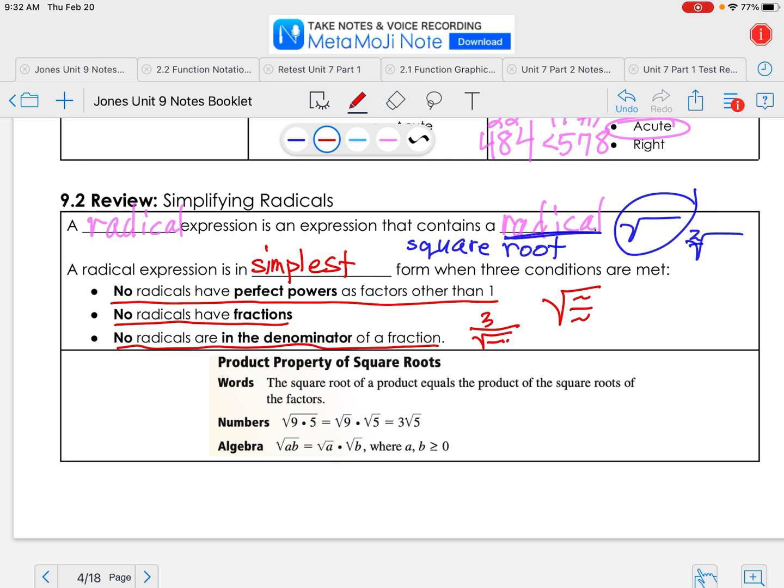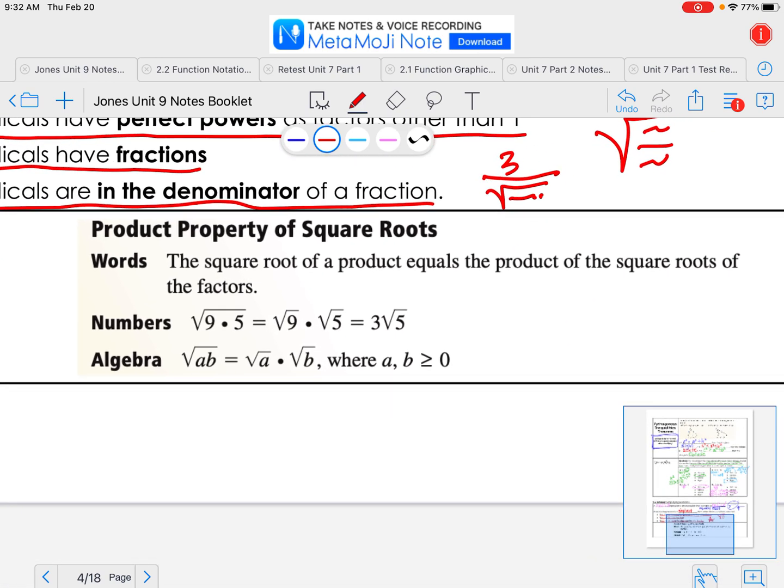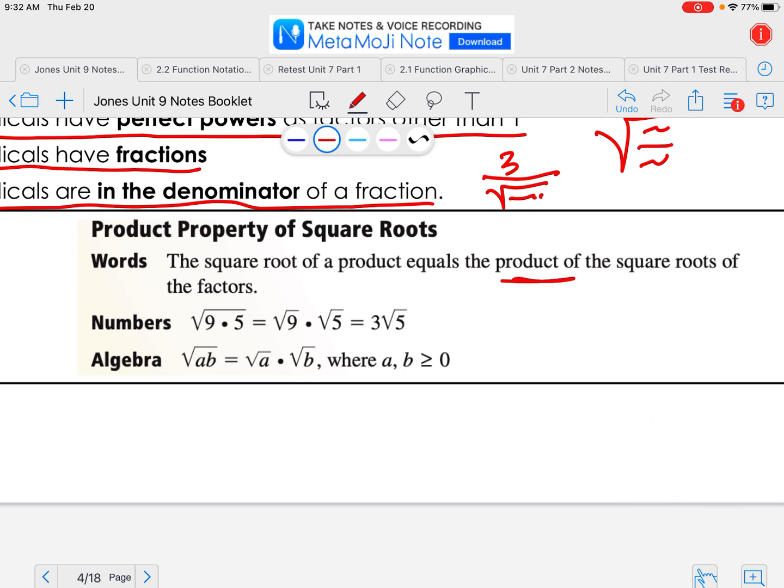Okay, first we can simplify them with what we call the product property. That means that the square root equals the product, that means multiply, of the square roots. For example, if you have square root of 45, that is equal to, what can you split 45 into? 9 times 5.